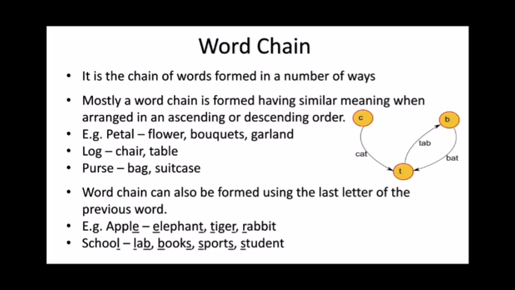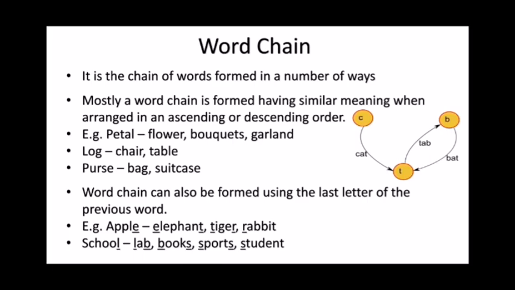So this is also from ascending to descending. That is, first we get the wood from the tree, that is a log. Then out of that log we have chair and table, and you can add any other words that are related in an ascending order.